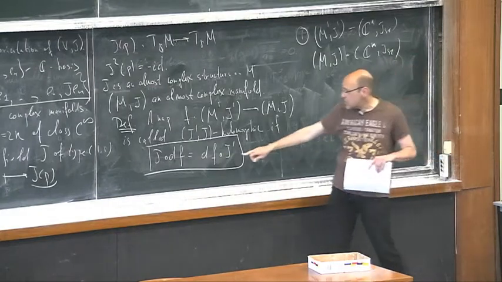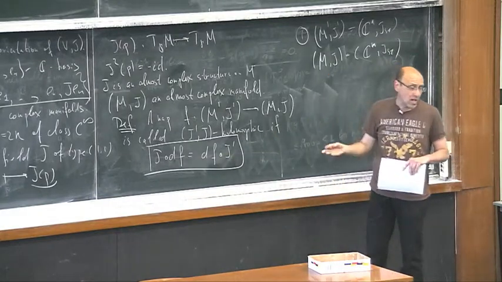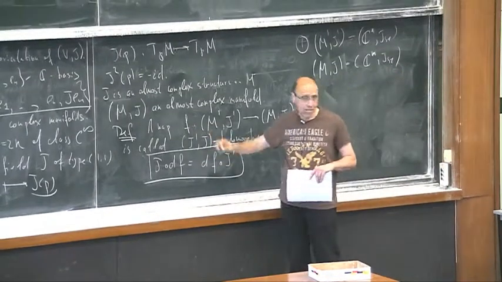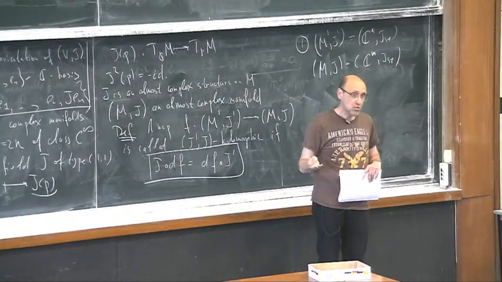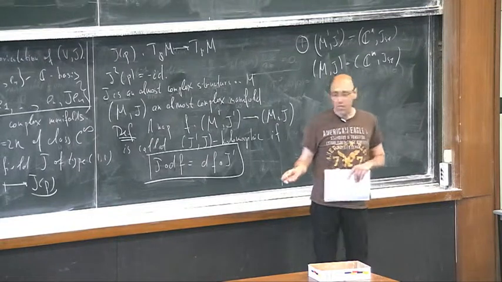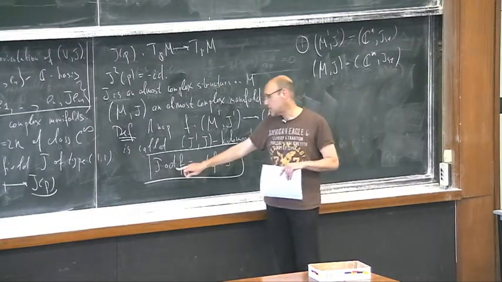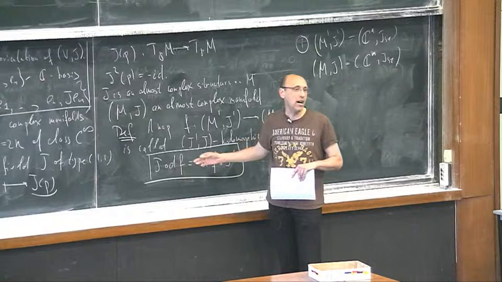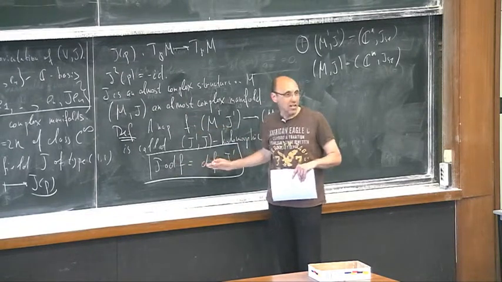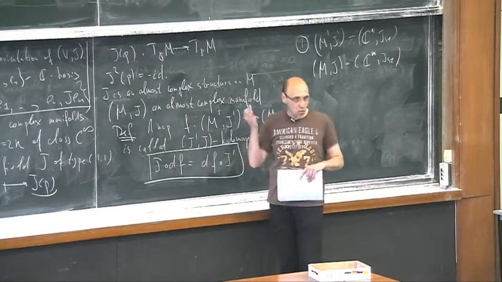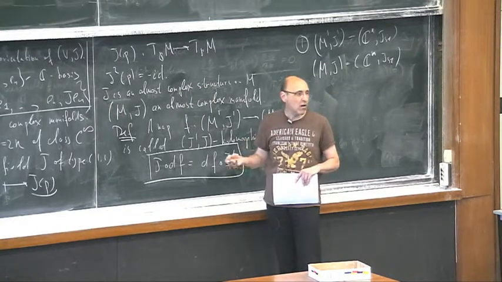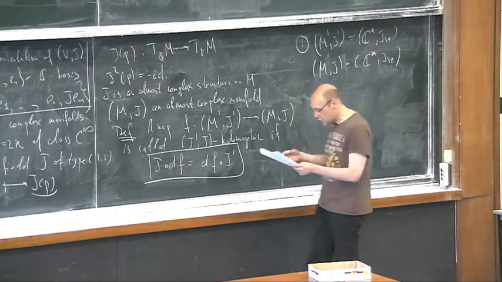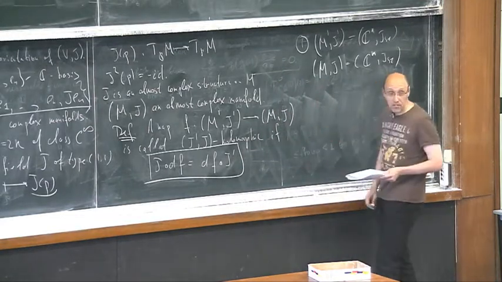Then this definition is equivalent to the classical definition that every component of your map satisfies the usual system of Cauchy-Riemann equations, written in the real form. If you view this map as a map from R^{2n} to R^{2m}, and you write this relation in coordinates, then you will exactly obtain the classical Cauchy-Riemann equations for every component. It is very easy to prove, and of course I leave it as an exercise.